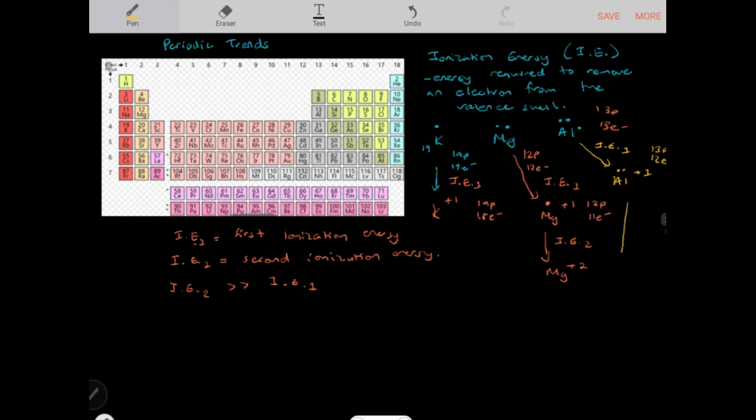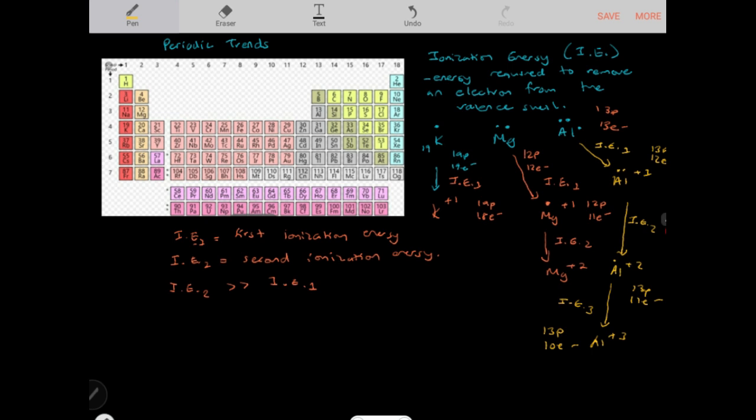But then I need to remove the second electron, so this is your second ionization energy, right? And then you get aluminum +2, so this guy has 13 protons and 11 electrons, and then the last ionization energy is my third ionization energy, and you're going to get aluminum +3, and now it has 13 protons and 10 electrons.